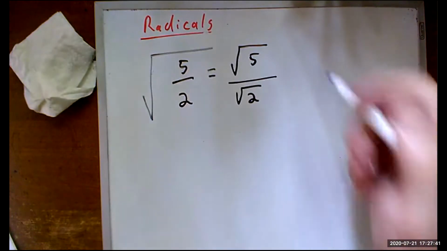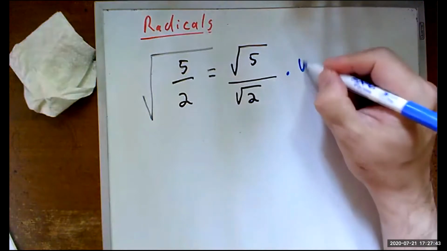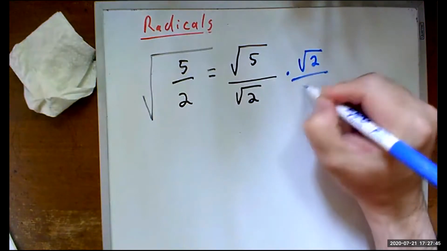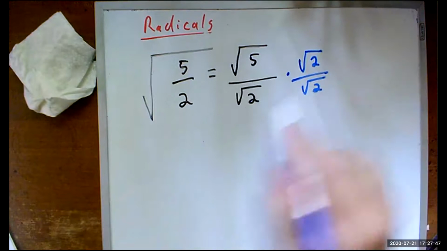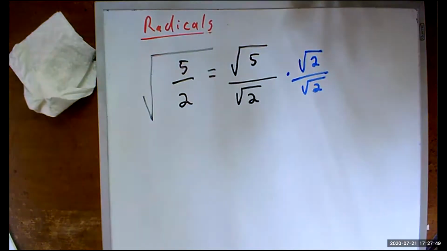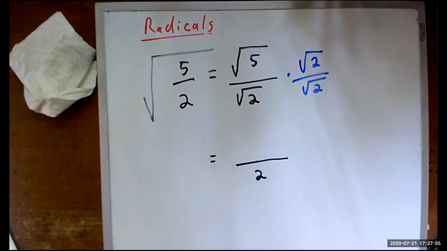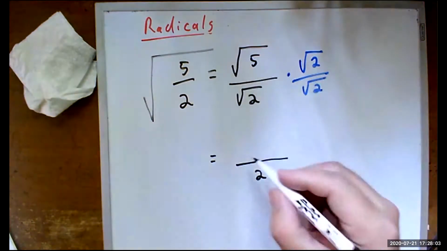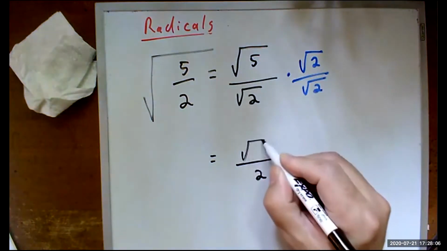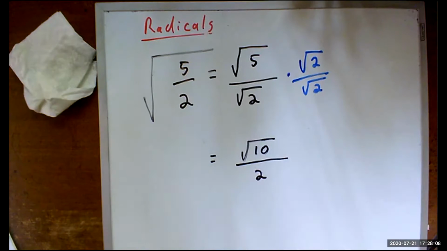I'm going to multiply it by itself, top and bottom. Because when I do that, the square root of 2 times the square root of 2, I'm just left with 2. Those square roots cancel each other out. And then on top, well, 5 times 2 is 10.